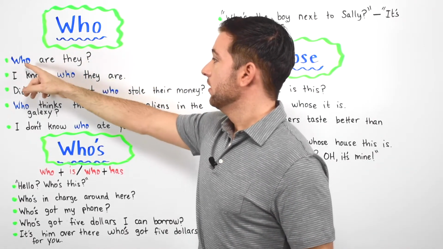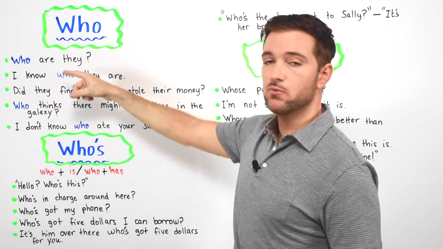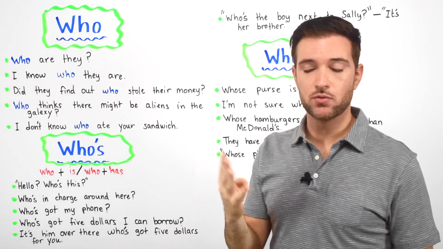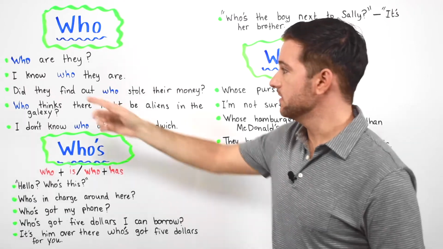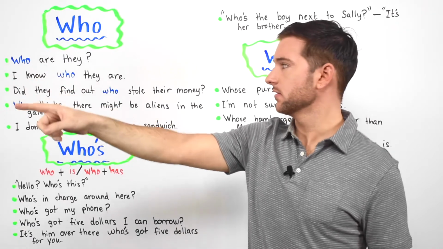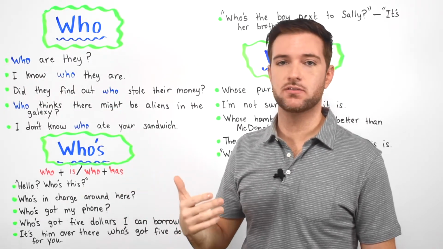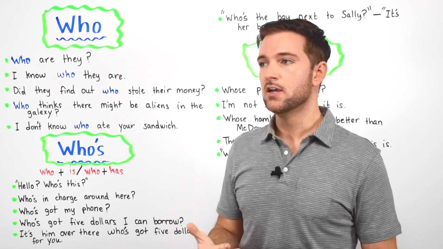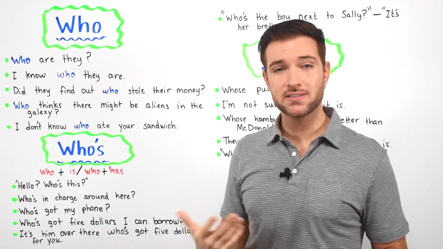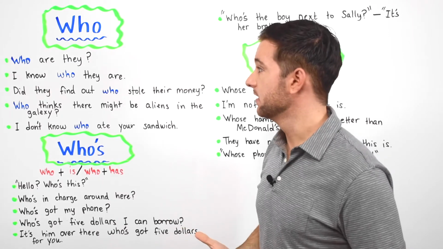With who? Who are they? Okay, so notice we have the word they. We're talking about 2 or 3 or 4 or maybe even more people, but we say who, like who are they over there? Okay, you want information about people, okay? You want to know their names, you want to know where they work, or you want some information so you can understand who they are a little bit better.